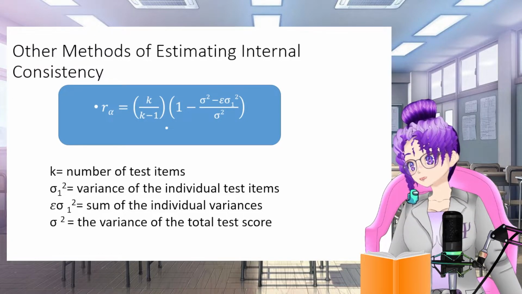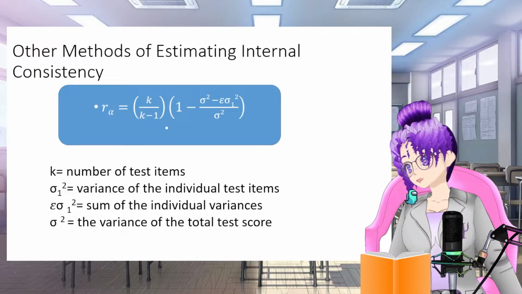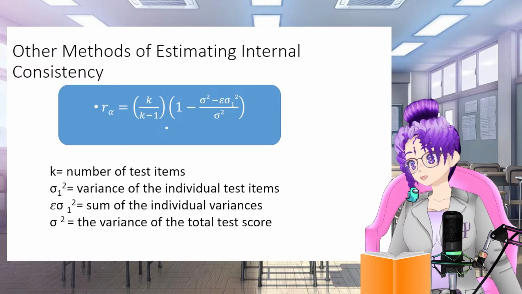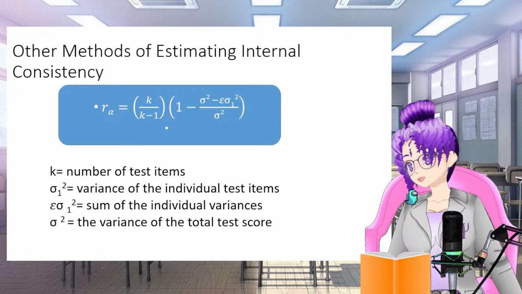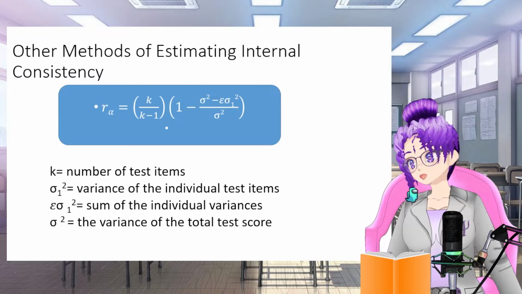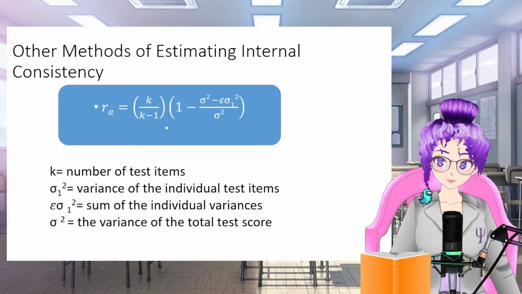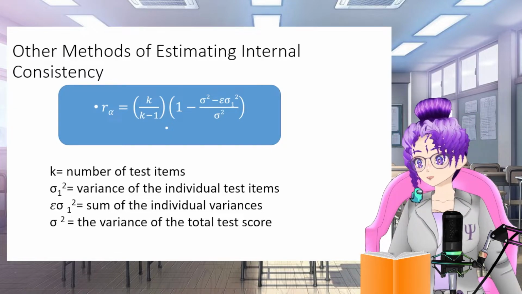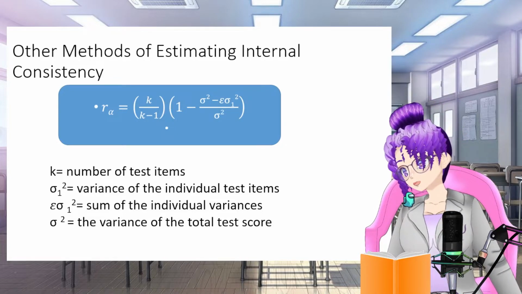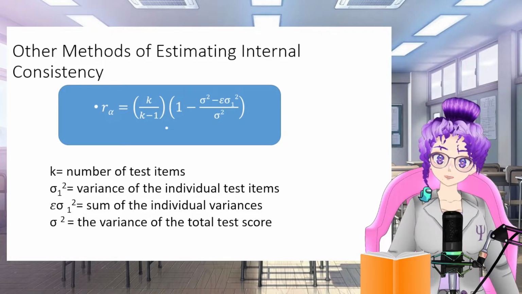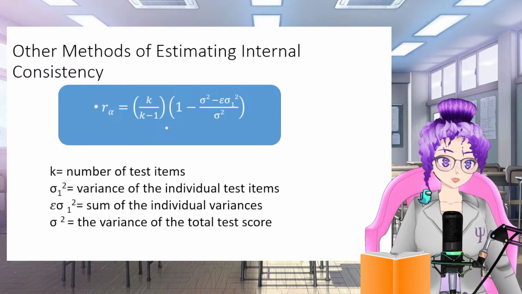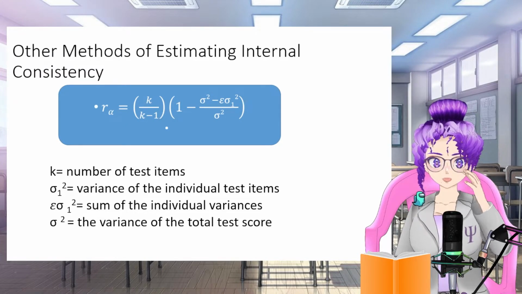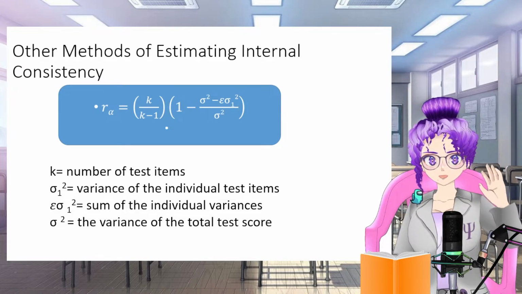K is equal to the number of items, sigma i squared is the variance of individual test items, the summation of sigma i squared is the sum of the individual variances, and sigma squared is the variance of the total test score. Again, just familiarize yourself with the formula, and all of this can be done in SPSS. So don't worry about the calculations.